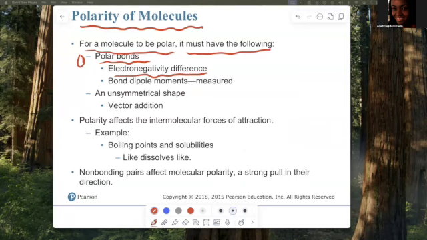With that, it gets access to the shared electron, and the value of electronegativity is higher. Bond dipole moments can be measured, and the bond polarity creates a symmetry. Okay, so if you have polar bonds, if you have asymmetry in the shape, this can cause polarity.